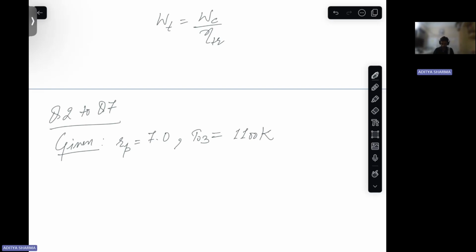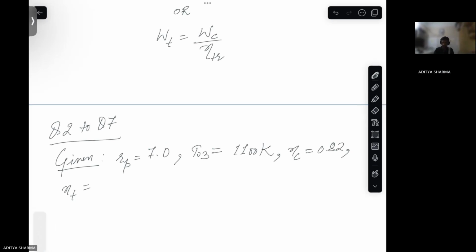Before that, I'll just draw down what has been given here. Then efficiency of compressor is 0.82. Then of your turbine is 0.89.